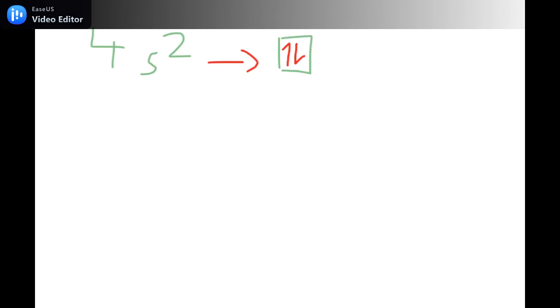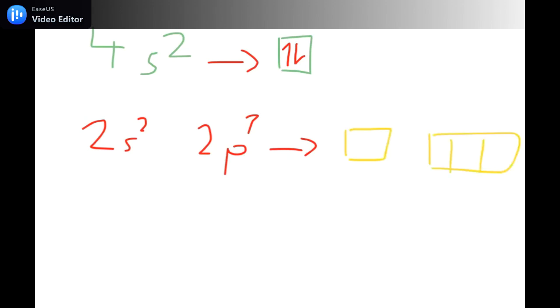Similarly, if it was group 15, for example, nitrogen, then its valence shell would be 2s2 and 2p3. So we'll write that in spin form. First 1 box for 2s and then 3 boxes for 2p. So first fill 2s and then 2p. So this would be the valence configuration for any element of group 15.